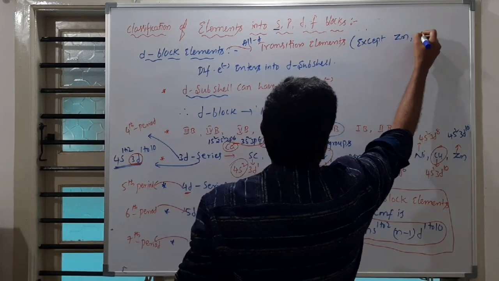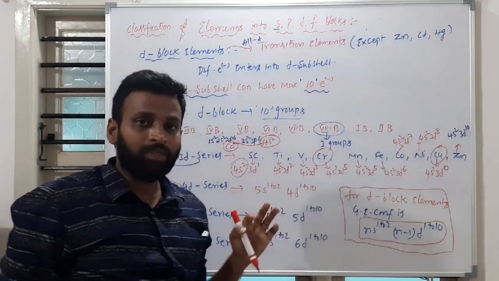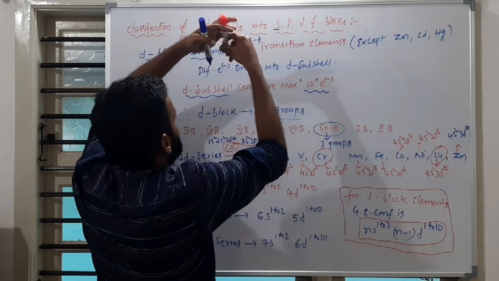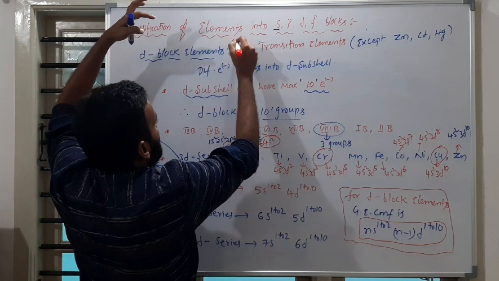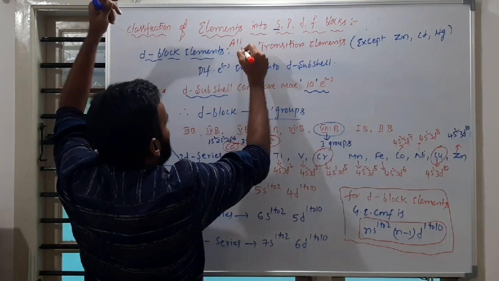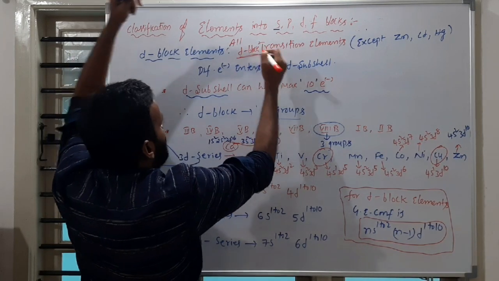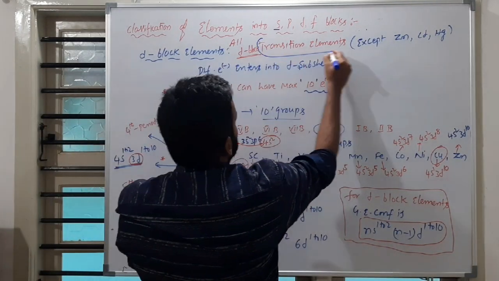Except zinc, cadmium, mercury, all remaining d block elements are called transition elements.